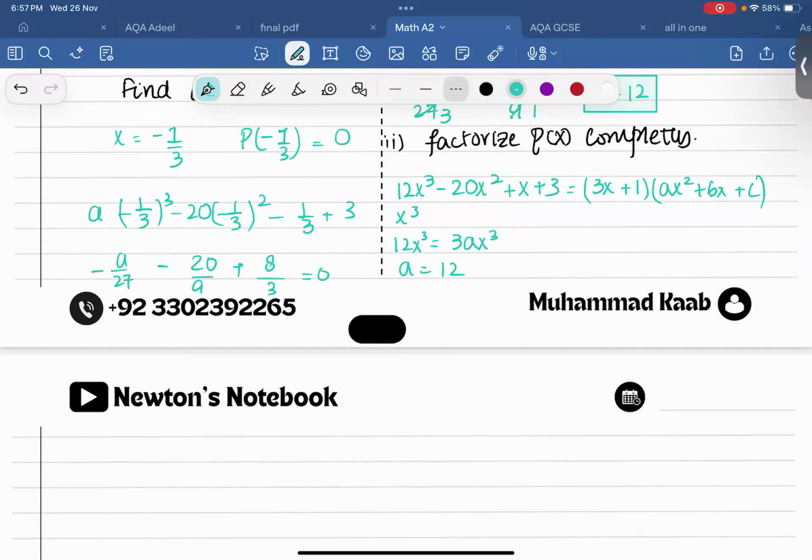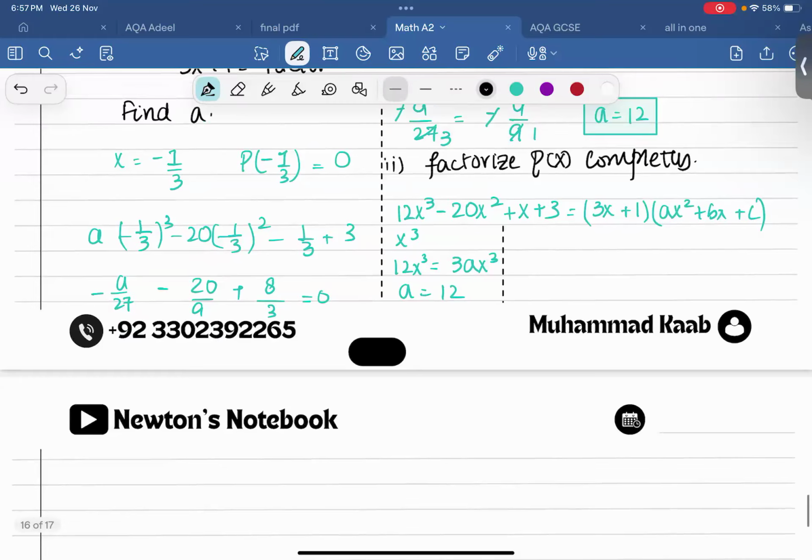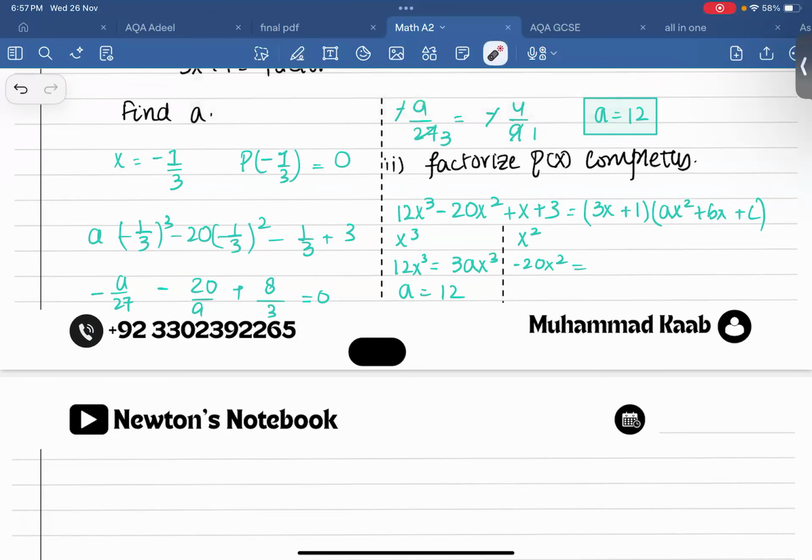Now the second thing is, if I compare the x squared term, sorry, x squared term. Over here I have negative 20 x squared, and on the right hand side I have 3x. When I multiply that 3x with bx it will be squared, and when I multiply this and this I'll get squared.